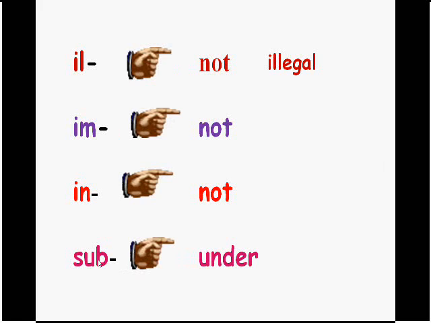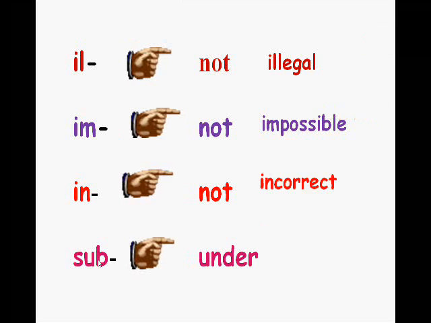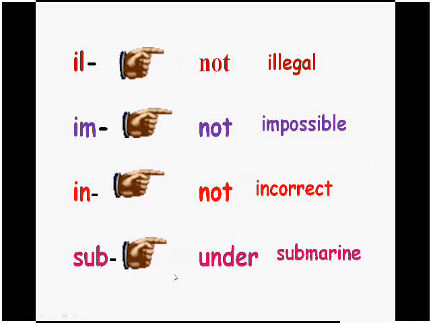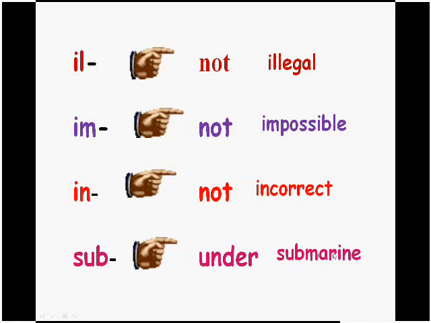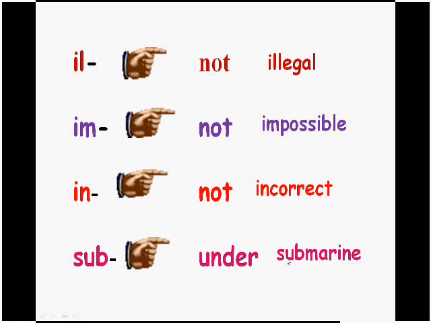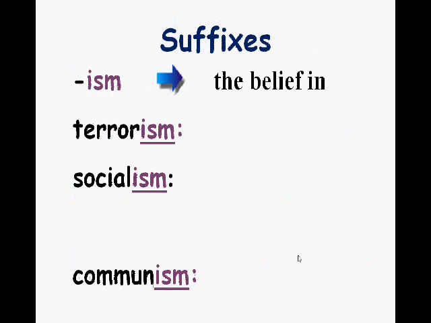The use of il can be the word illegal, im, impossible, in, incorrect, and sub, submarine. And here when we say submarine, it means the kind of ship which moves underwater, okay? So this means that it moves underwater, okay?